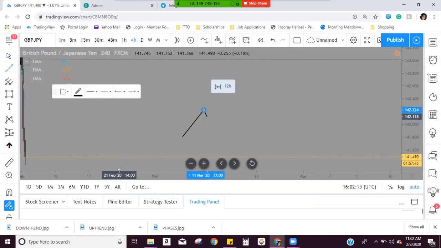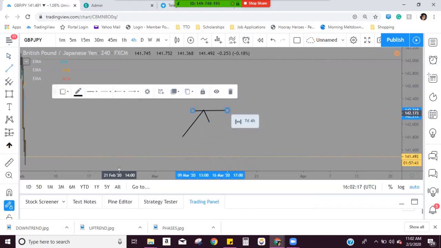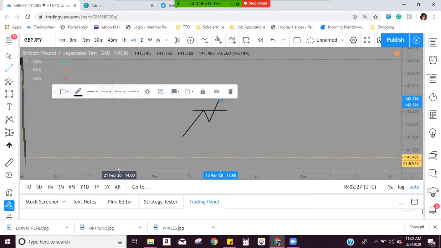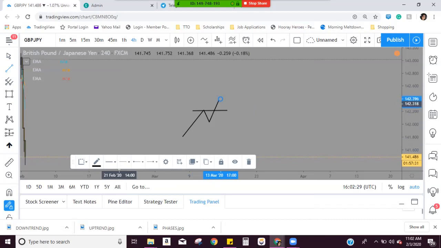When we have an uptrend, we understand that price needs to retrace. Why? Because it reaches a level of resistance that it doesn't have enough momentum to break. So it retraces and keeps going up, then retraces again, and then continues to go up, and retraces again. You understand?